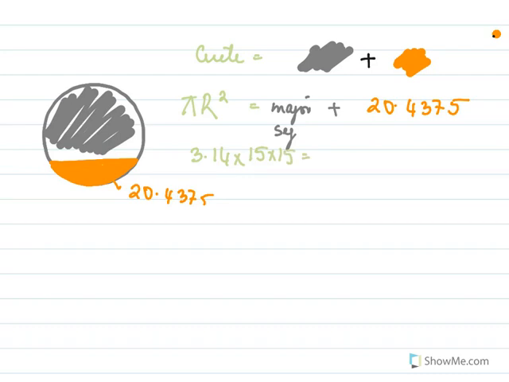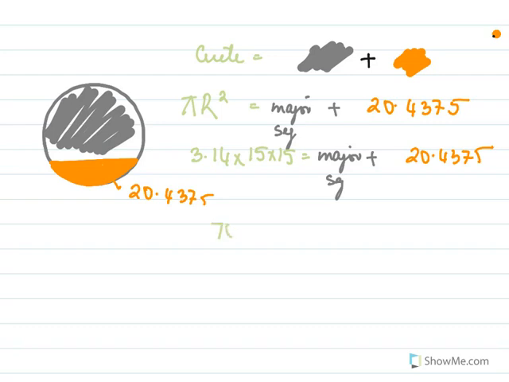The major segment we don't know, and we need to find that: circle equal to major segment plus minor segment.